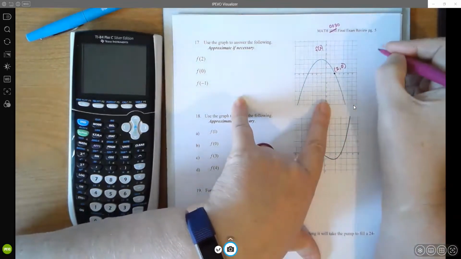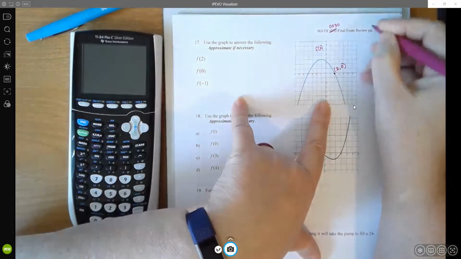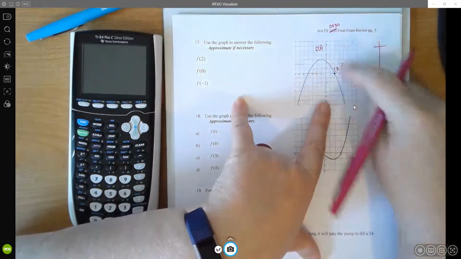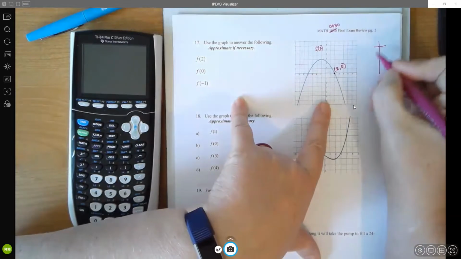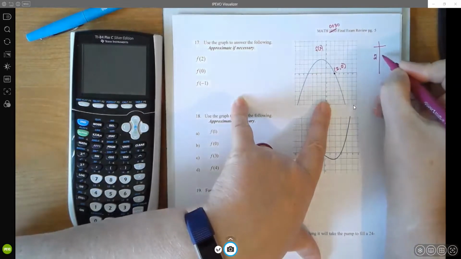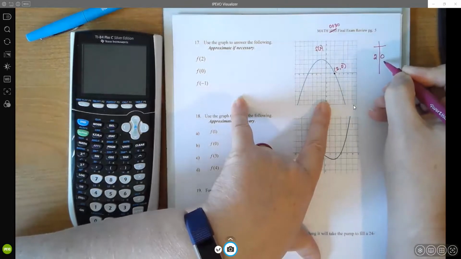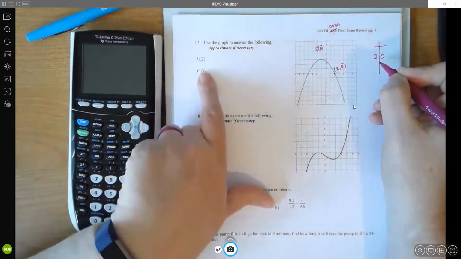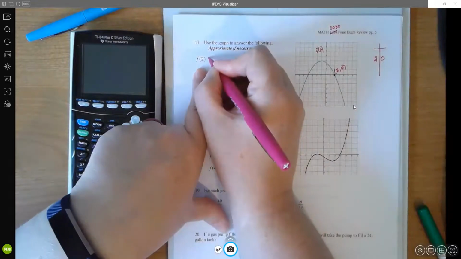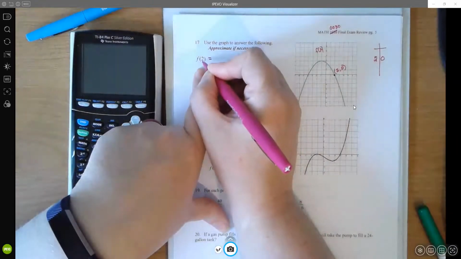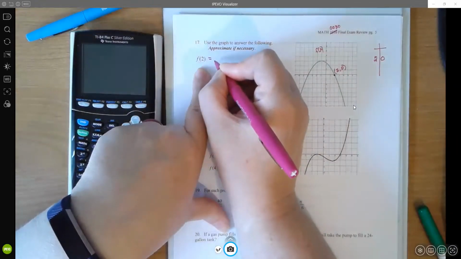If I listed all of the ordered pairs on this function, I couldn't list them all, but one of them would be the ordered pair 2, 0. Where x is the 2 and the y is the 0. Do you know what this question is asking? This question is asking, if the x is 2, then what is the output?